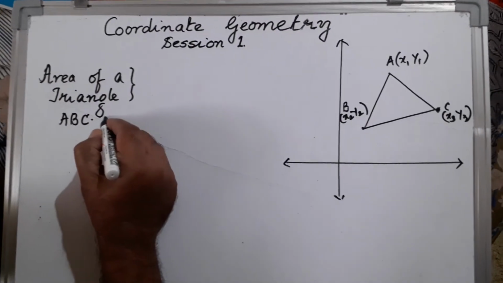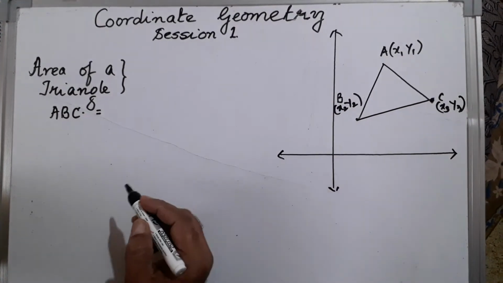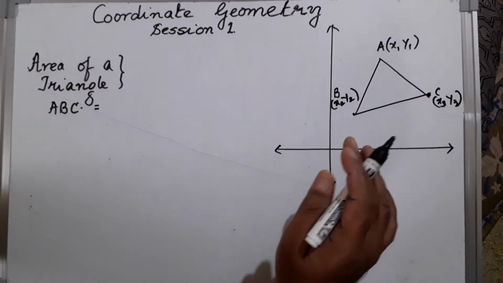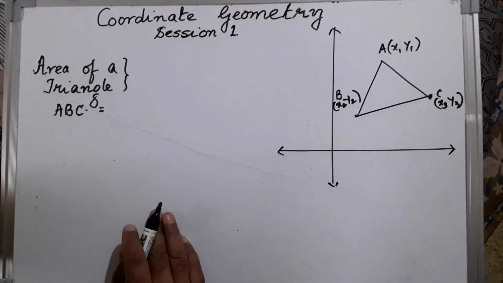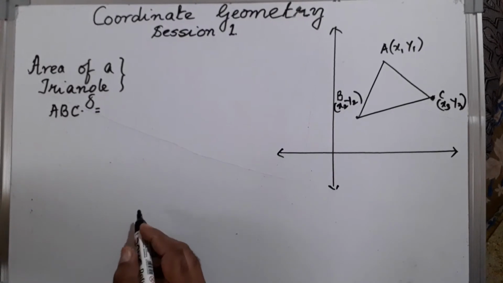The area of this triangle ABC, when the three vertices are given, when the triangle is in a Cartesian system, in any one of the four quadrants, how do we find out?